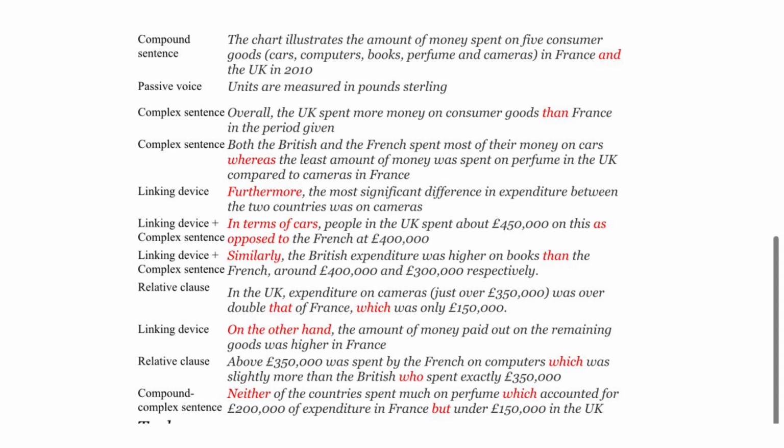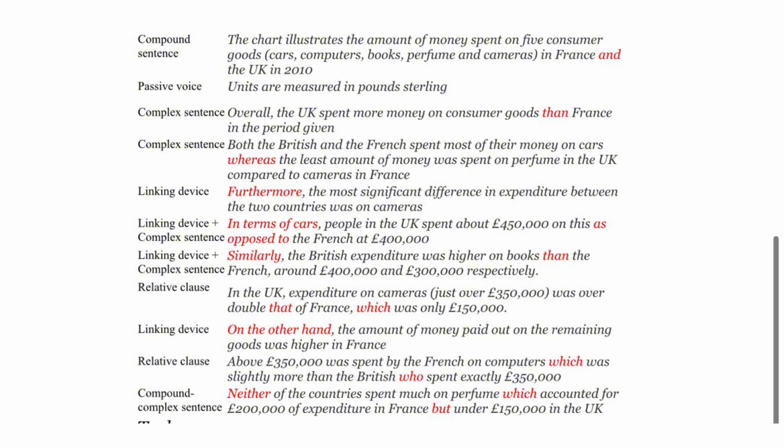Next, both the British and French spent most of their money on cars, whereas the least amount of money was spent on perfume in the UK compared to cameras in France. By using whereas, we converted this sentence into a complex one. Now a linking device has been used, that is, a linker has been used.